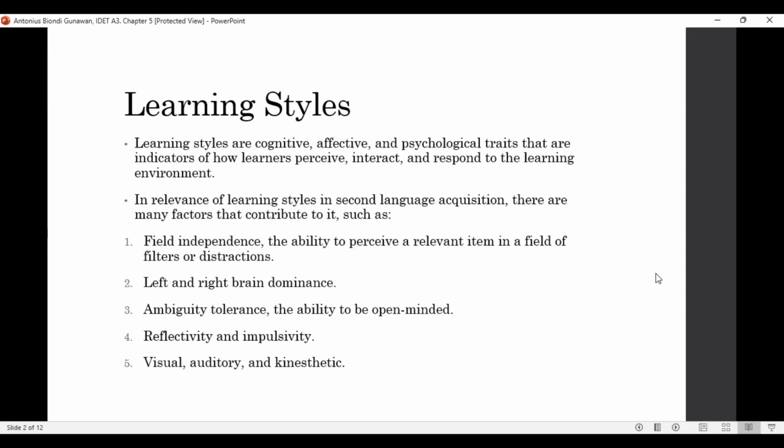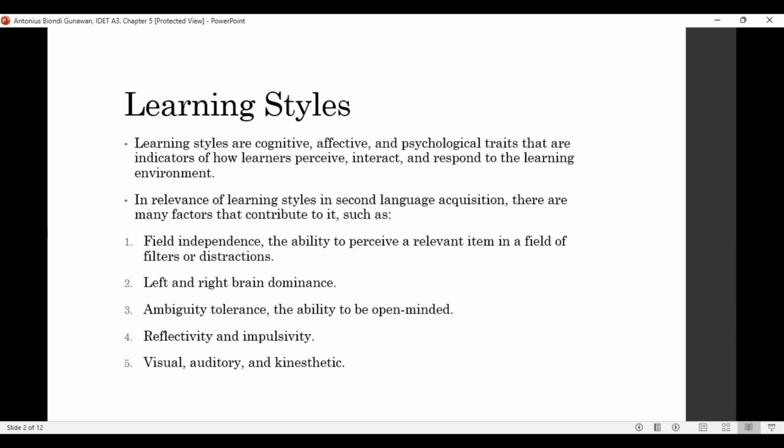Ambiguity tolerance is the ability to be open-minded. For reflectivity and impulsivity, if a learner relies on assumptions or deals with things by intuition, they are impulsive. If a learner waits and systematically analyzes the problem, they are reflective learners.